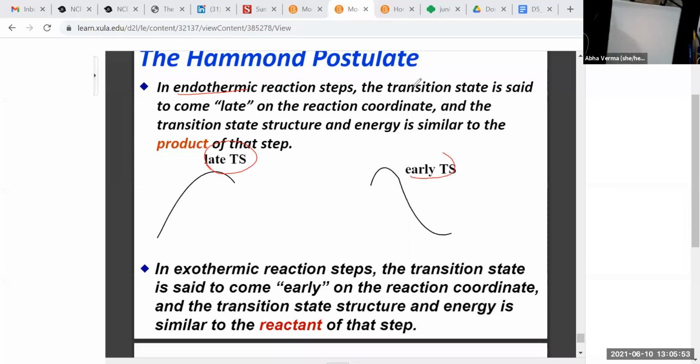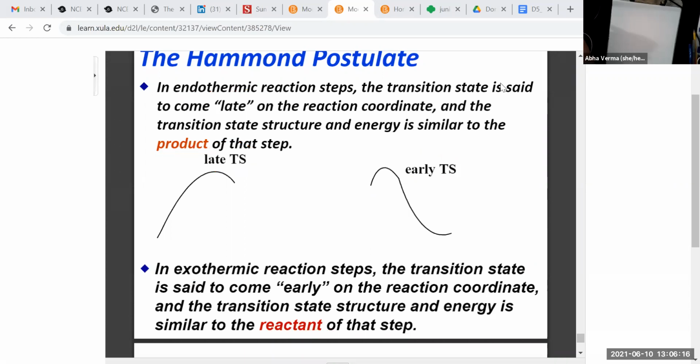When you have an early transition state, it will resemble more of your reactant. So in an exothermic reaction, your transition state will be similar to the reactant. In the endothermic reaction, your structure will be very similar to that of your product.